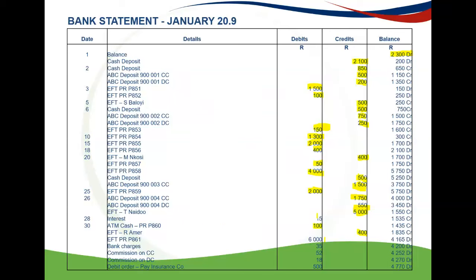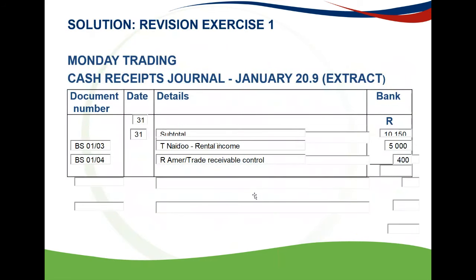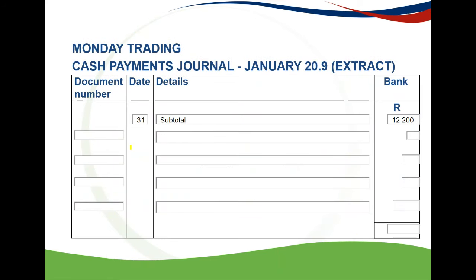Firstly, our interest, and remember I said this is interest paid because it's on the debit column. If it was interest received, it would have been on the credit column, but this is interest paid. So our interest will reflect in our cash payments journal and not our cash receipts journal. Okay, so let's go and record that. We will say bank, also the bank comes from the bank statement.